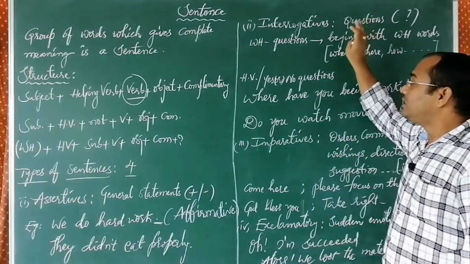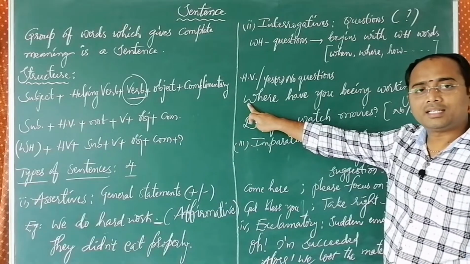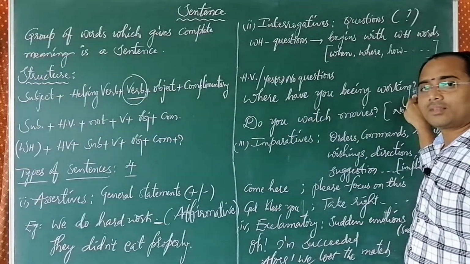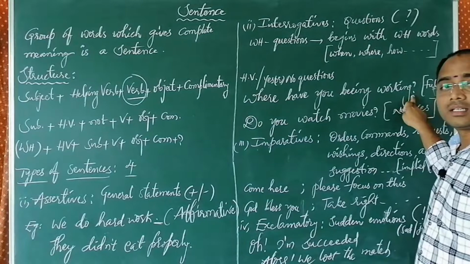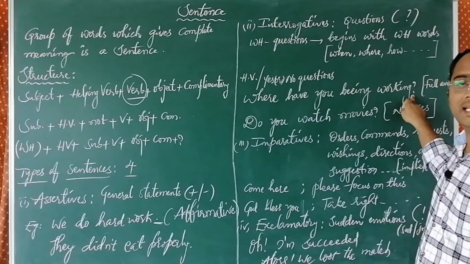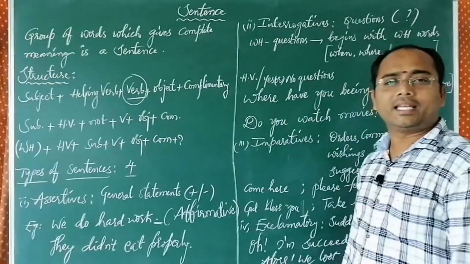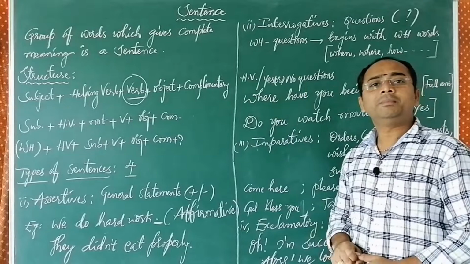And generally these questions start with a capital letter but end with a question mark. That we need to understand here. These interrogatives are divided into two categories, that is WH questions and helping verb questions.